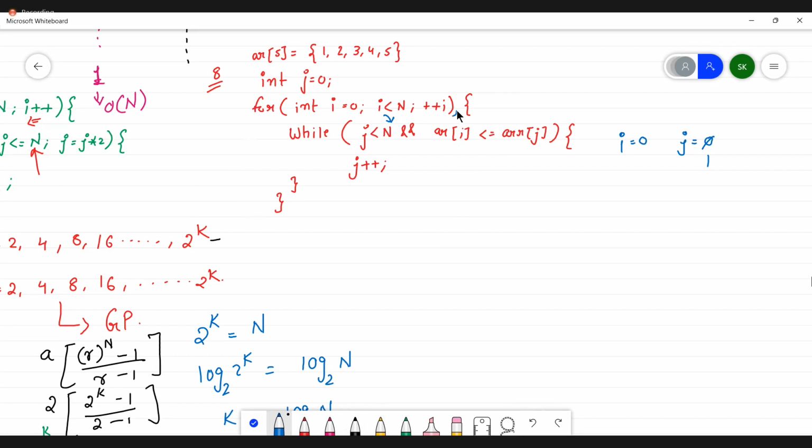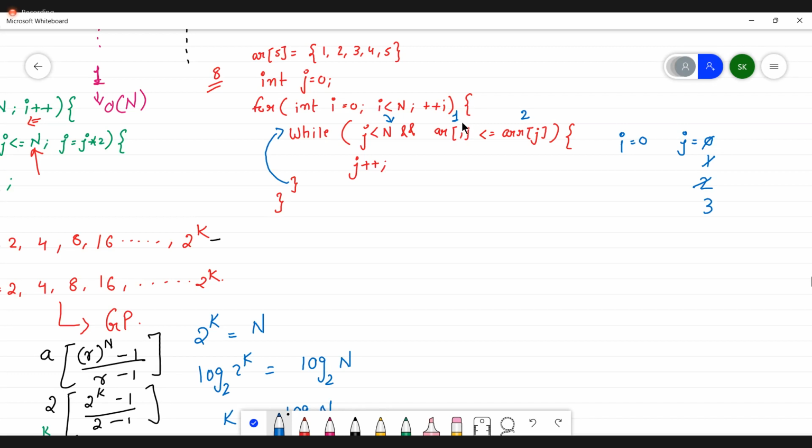Your array of I is 1. Your j is 2. The condition is true. Again, it will enter into the while loop and increase the value of j to 2. Next time again, it will go and check if 1 is less than or equal to 3. Again, it will be true and your j value will become 3. Next time again, it will continue.